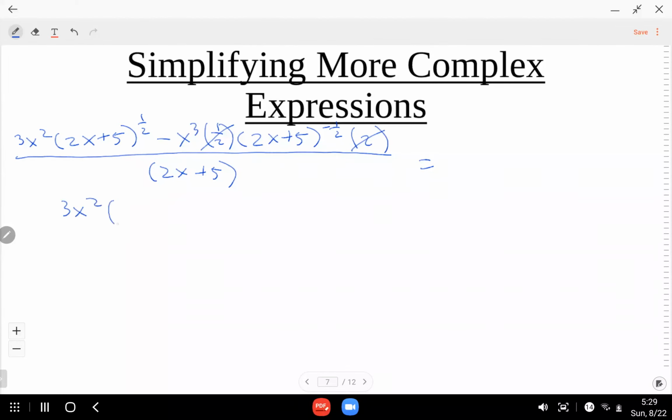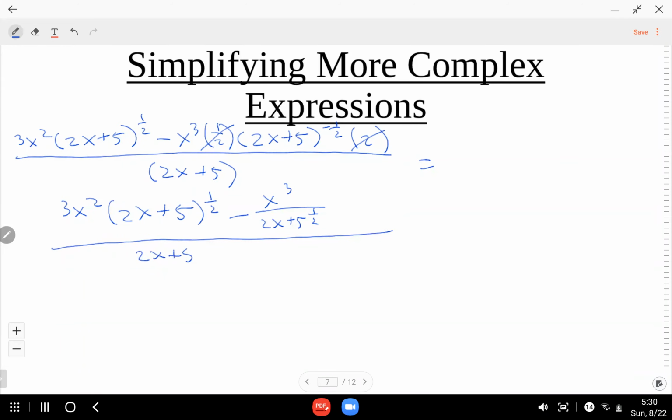3x squared times (2x plus 5) to the 1/2 minus x cubed over (2x plus 5) to the 1/2. What is that? Because this is to the negative 1/2, right? So it's a fraction. So after we do this, we combine fractions again. That's over 2x plus 5. All right, so what does this equal?